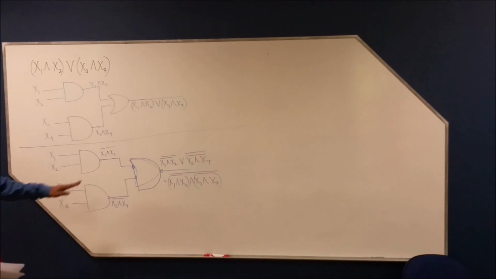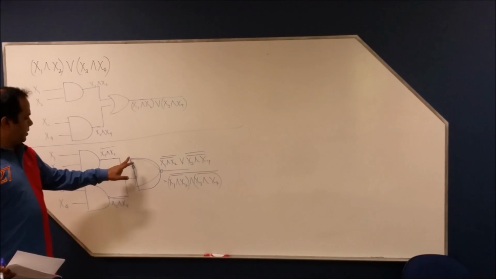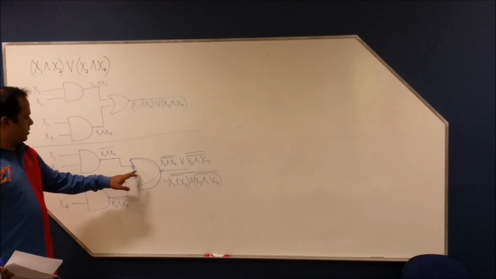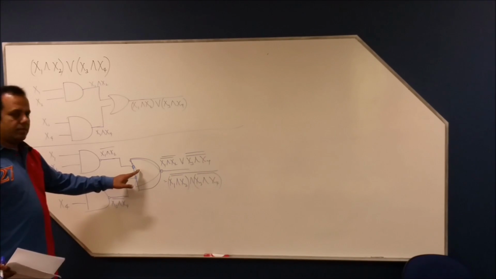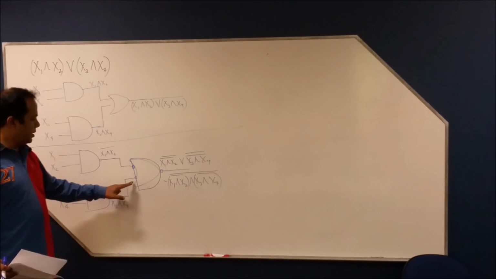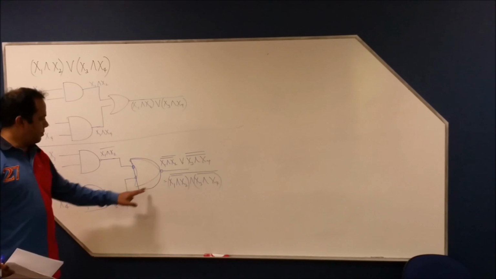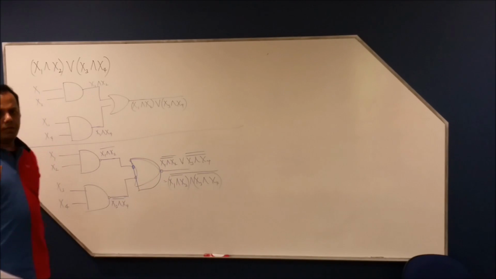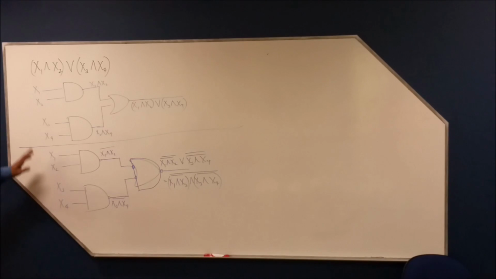All right, so we could just see that the OR gate that we had previously with inverted inputs could simply be replaced with a NAND gate. Which in other words means that we have realized the given Boolean expression using NAND gates alone.